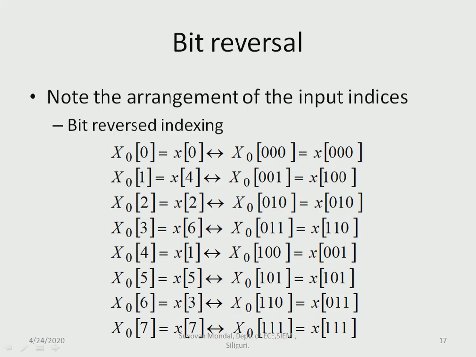We wrote all the outputs and all the inputs, and we replaced the decimal value by its equivalent binary, and this shows that 001 is nothing but 100 here. 1 is represented by a 3-bit binary number, and 4 is represented by again a 3-bit binary number, which is completely reversed. This phenomenon is called bit reversal, and this FFT algorithm is also called an in-place algorithm, meaning it requires less memory to implement.